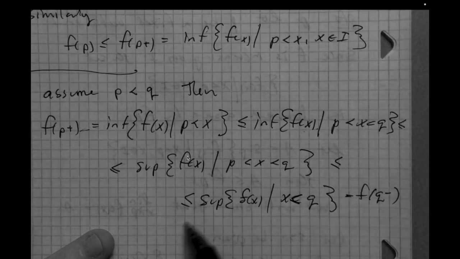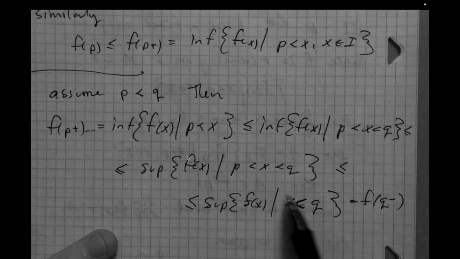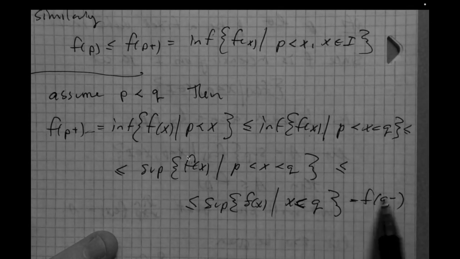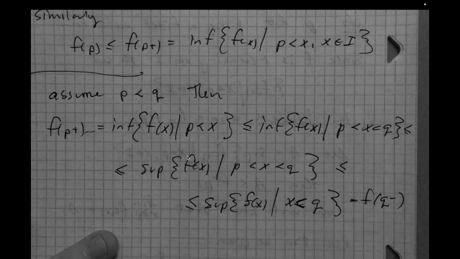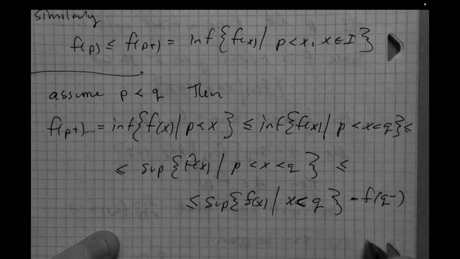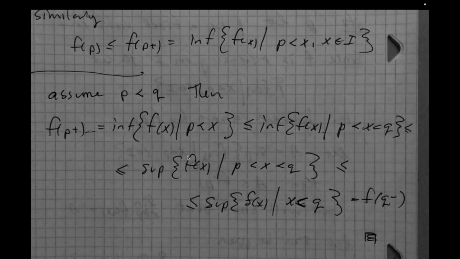And that has to be less than or equal to the supremum of all the f's where x is less than q. Okay, and so then that's just the left-hand limit. Perfect. And so that is the result for that. Okay, very good.